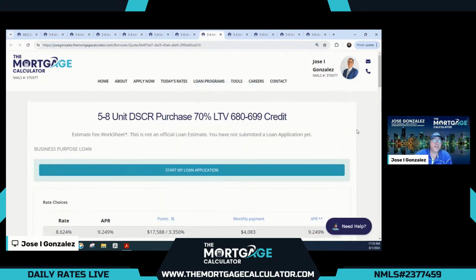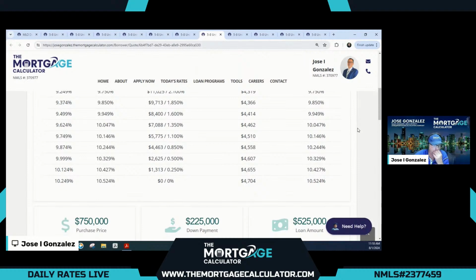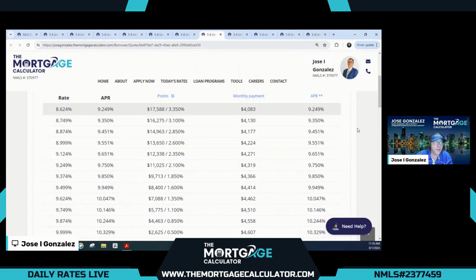Now, below a 700 for this particular option, we do get a reduction in LTV to 70% for 680 to 699 credit score. And here we have 10.249, our lowest cost option at par. And you can buy that down to 8.624. That is our lowest rate option.